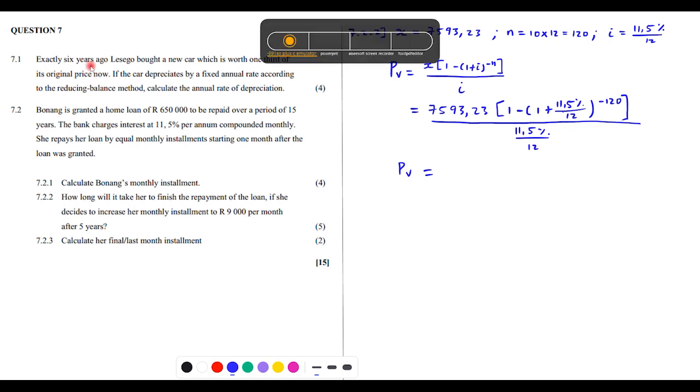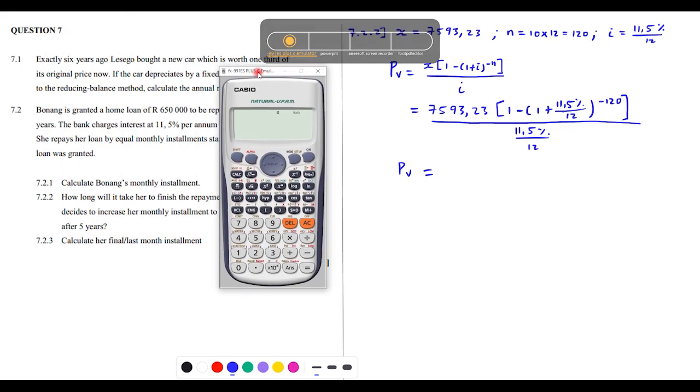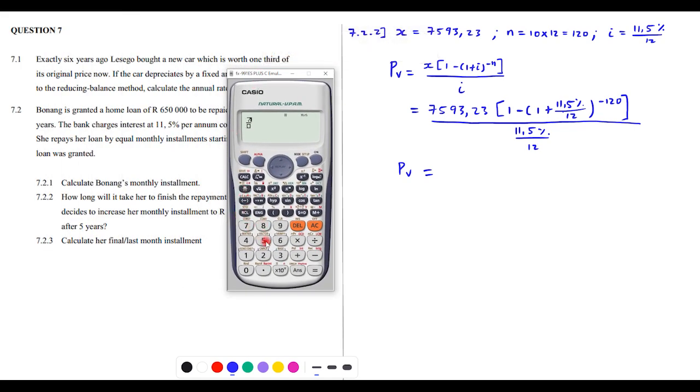So going into our calculator, we can see that this is going to be 7593.23 times 1 minus (1 plus 11.5% over 12) to the power of minus 120, over 11.5% over 12.